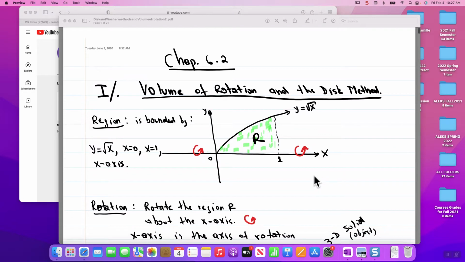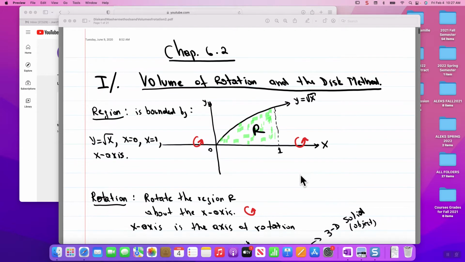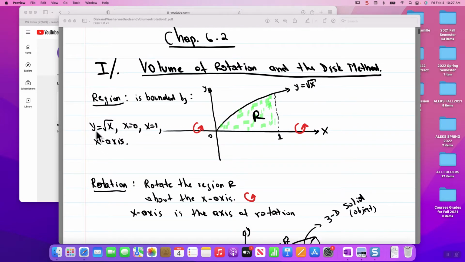So here's a hint. We are given the region R, and the region R is described by this data. Region R is bounded above by y equals square root of x, to the left by x equals 0, to the right by x equals 1, and below by the x-axis.